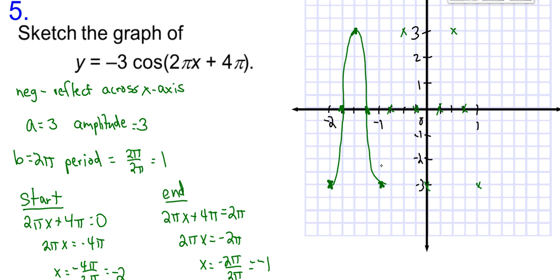And so not my best graph ever, but it is always a little harder not being on the smartboard as such. So there is our graph, and that concludes number 5, and we will look at the vertical translations in the next part. So this concludes part 2.